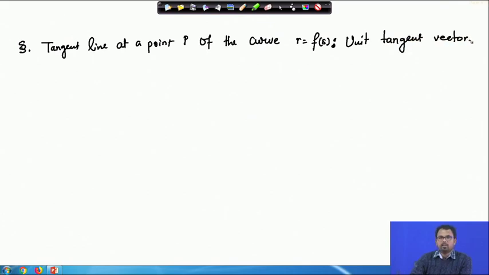S is the arc length. S is the parameter, but when we use S, it is understood that S denotes the arc length. So suppose you have a given equation of a curve in terms of arc length, and from there we will see how we define the tangent, and afterwards the unit tangent vector. All right.